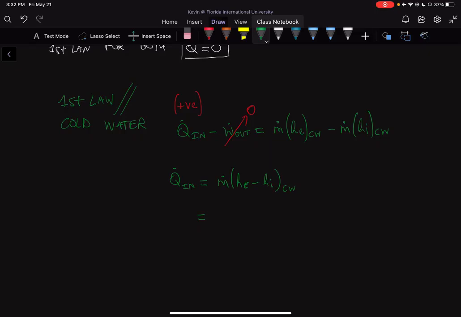So we can write M dot, we're going to use the definition of HE minus HI, which is CP times TE minus TI.